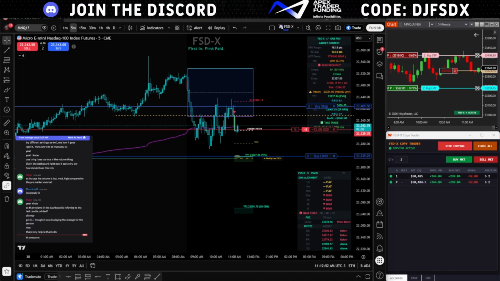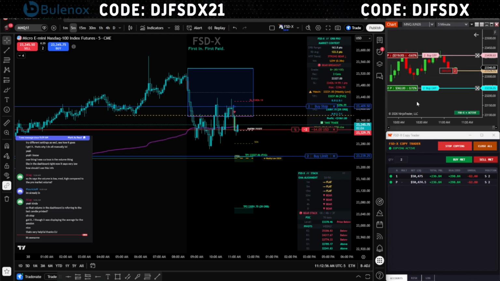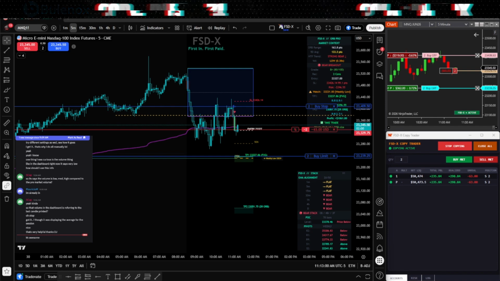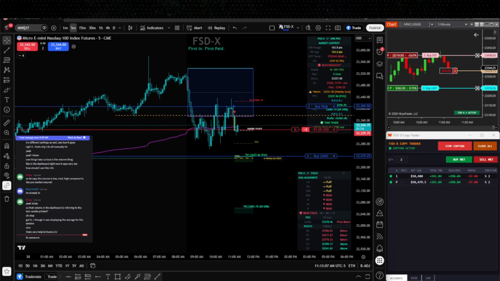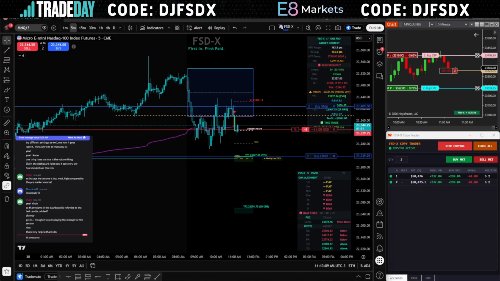Let's see how this fair value gap holds. And on the other higher time frames, we're still pretty bearish. We're below point of control.